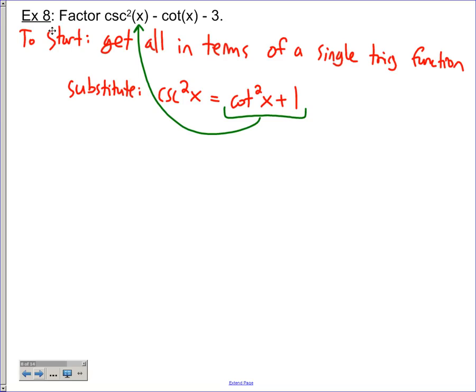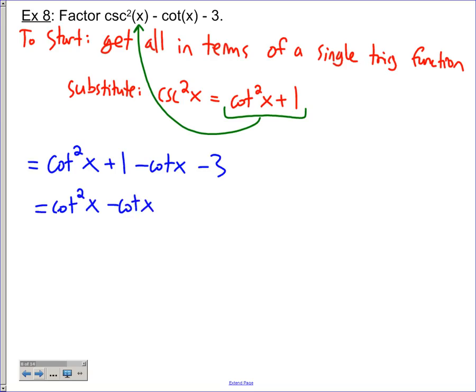All right, that's going to leave us with cotangent squared x plus 1 minus cotangent x minus 3. And if we combine that, we'll get cotangent squared x minus cotangent of x minus 2. I just combined the 1 and the negative 3. And now we can factor this.